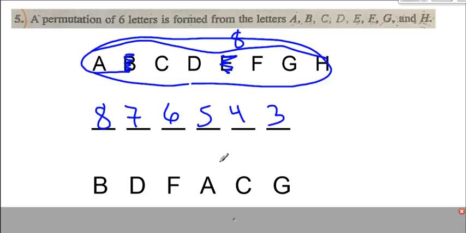Using the very concept of fundamental counting principle, I need to make all 6 choices to finish one permutation, and that means that each of these choices would be multiplied by each other to indicate the total number of decisions I have to make when I am arranging these 8 unique objects into 6 positions. Of course, I could just multiply that together, but we have learned that there is a shortcut called permutations.